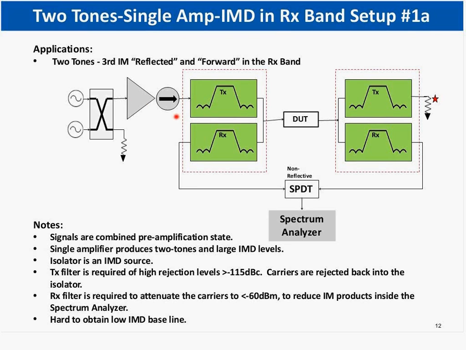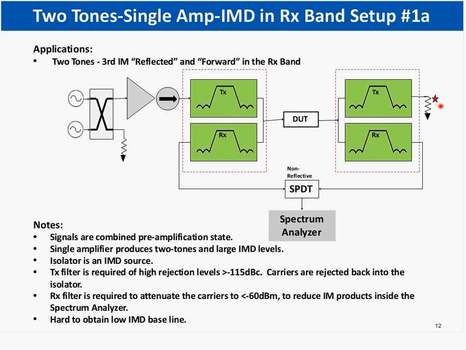Therefore, it will send harmonics into the TX filter, and now the TX filter will have to have a lot of rejection, maybe close to minus 115 dBc, in order to support a decent baseline that we mentioned in our application slide.